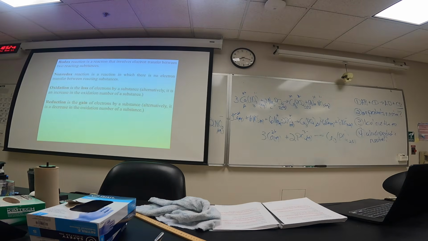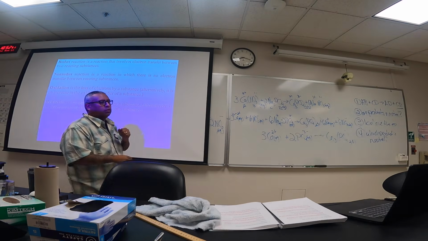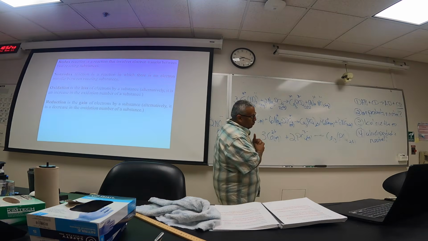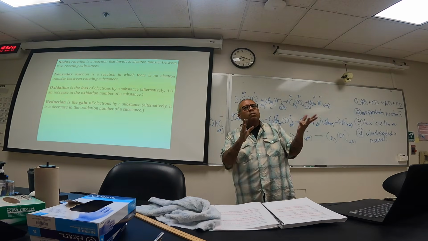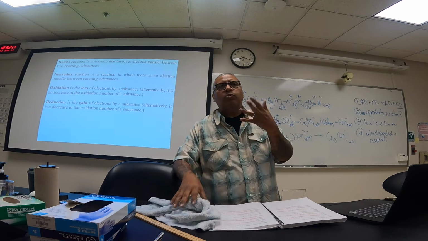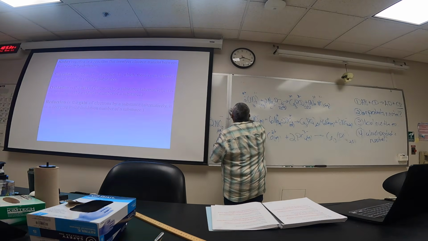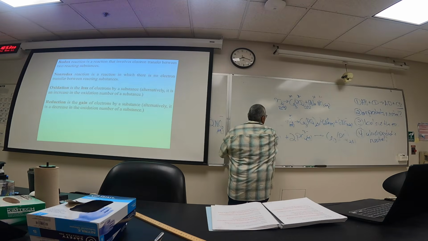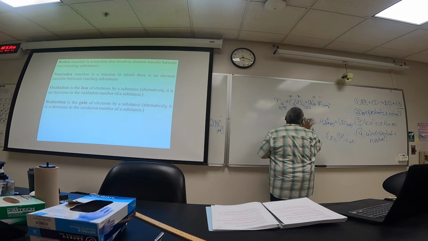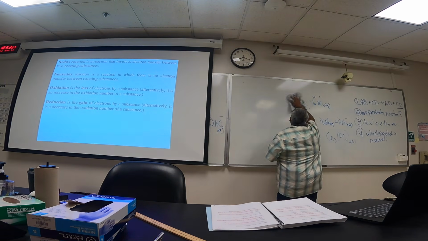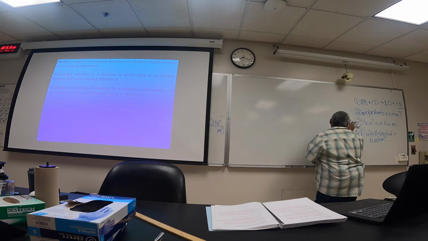A redox reaction involves electrons that are being transferred. Non-redox reactions, well, that means no electrons are being transferred. So those two types of reactions. And when electrons are being shifted around, there's two other terms that we need to understand. One we call oxidation and reduction. Oxidation and reduction.